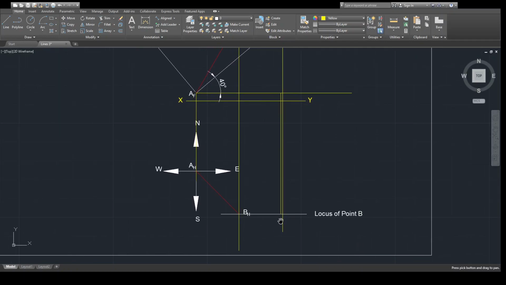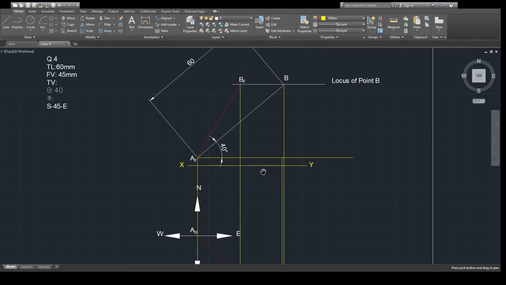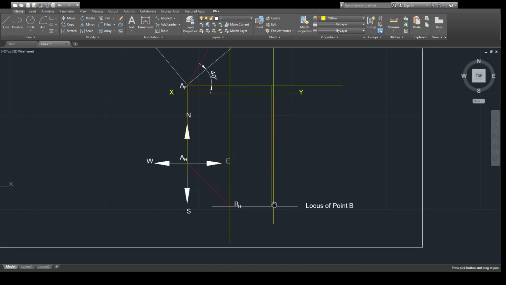So up to the locus of point B we have extended the projection. What we have done is just rotated this line. The front view you need to rotate. So rotate the front view up to the locus of point A, then go vertical projections down up to this locus of point B. So we have obtained one point. Then from point AH you just join here. It is white in color, we will show it in white.